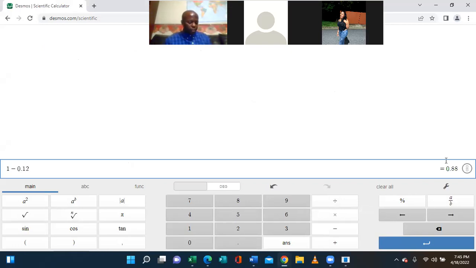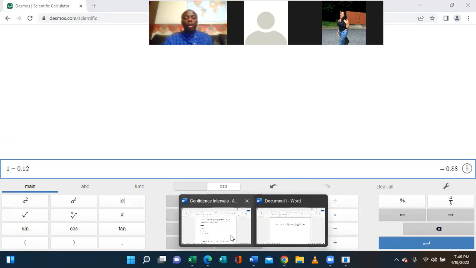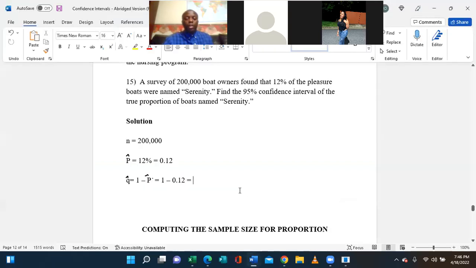So P hat is 0.12, Q hat is 0.88. We have a sample size of 200,000 owners of pleasure boats. So now, our n is 200,000.